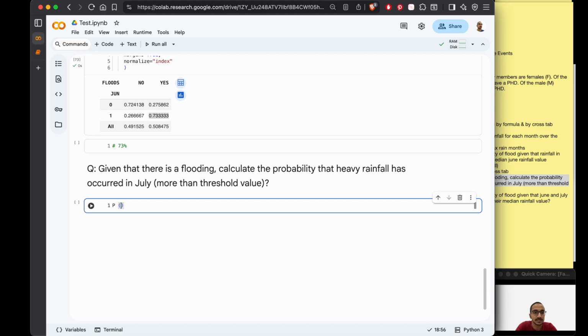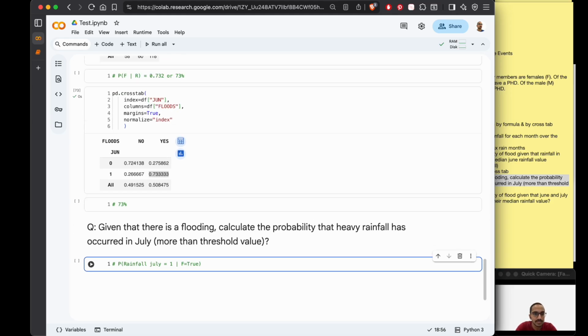Given there is flooding, P of floods true, calculate the probability that heavy rainfall has occurred in July. So rainfall July heavy is true, is what they are asking us to validate the hypothesis, given floods is true.